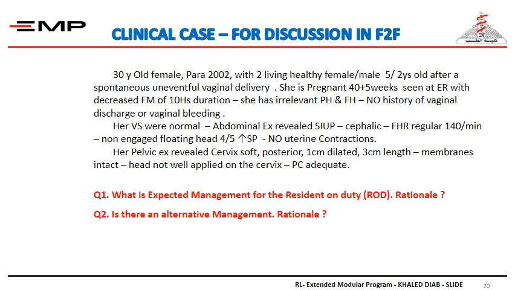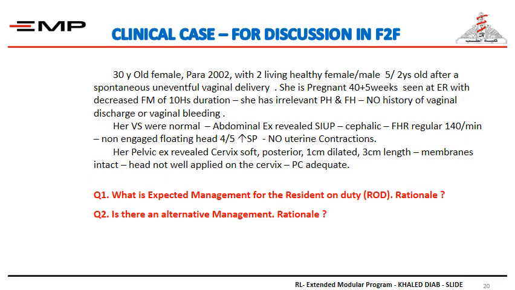Abdominal examination reveals a single intrauterine pregnancy, cephalic, fetal heart sounds regular, 140 per minute, non-engaged floating head, 4 to 5 above the symphysis pubis, with no uterine contractions.